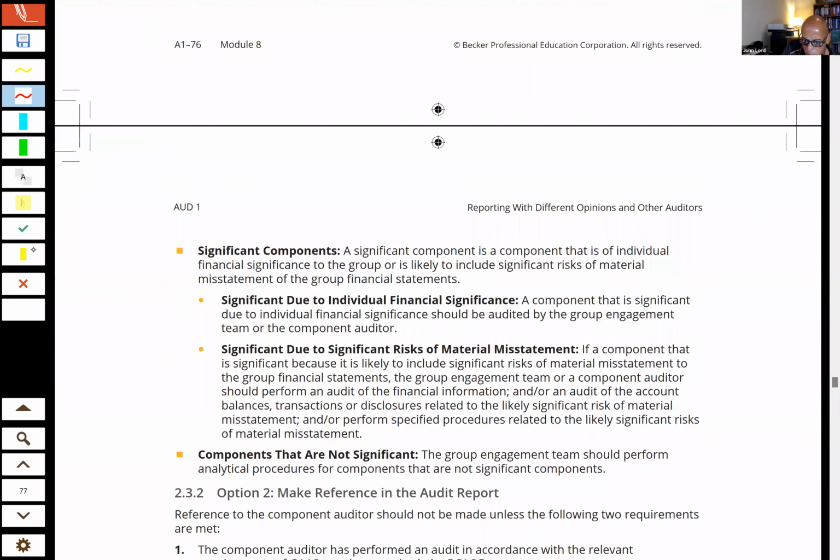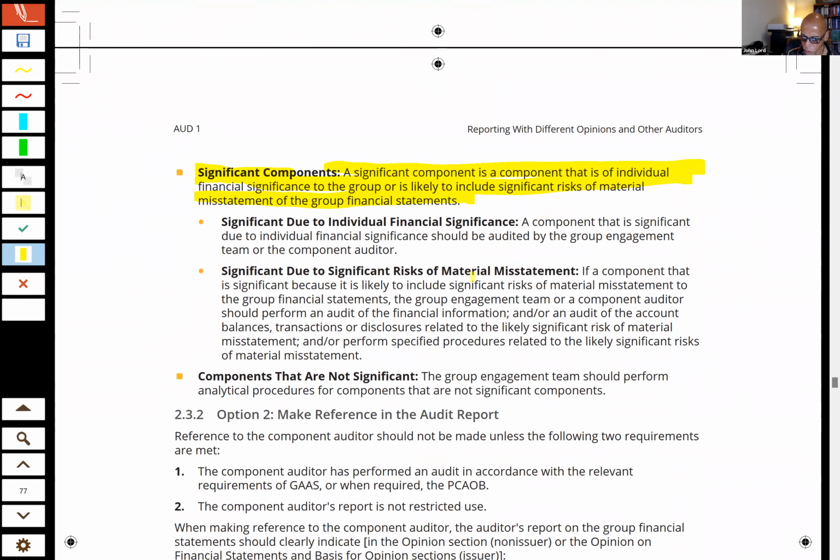And if you have a significant component that is individually significant, the group are likely to include significant risk of material misstatement, will be looked at by the group auditor. So significance due to individual financial significance.